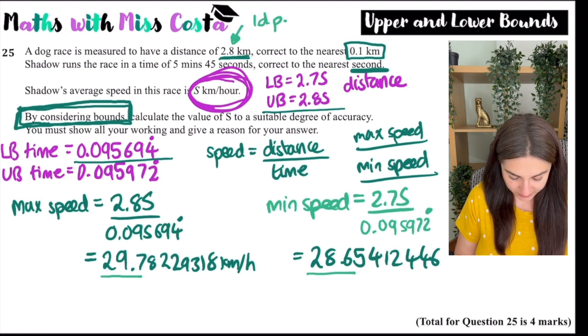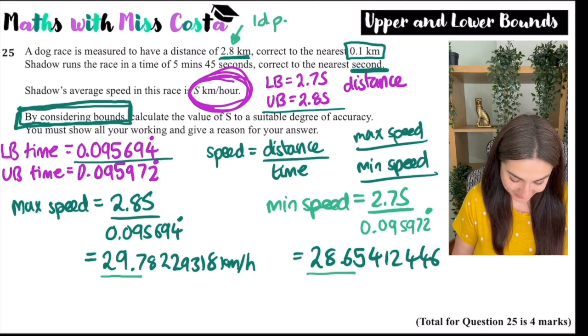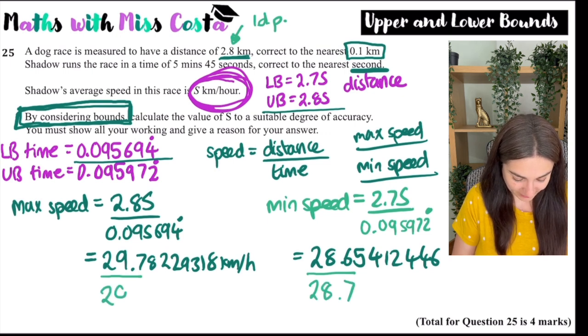So it would be very nice if they rounded to 1 decimal place. So if I rounded it to 1 decimal place, that would be 28.7, and this would be 29.8. So I'd have to round it. If I rounded it to the nearest whole number, that would be 29, and that would be 30.